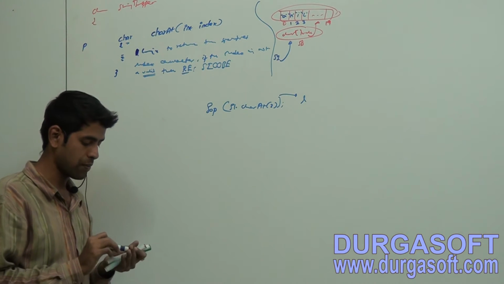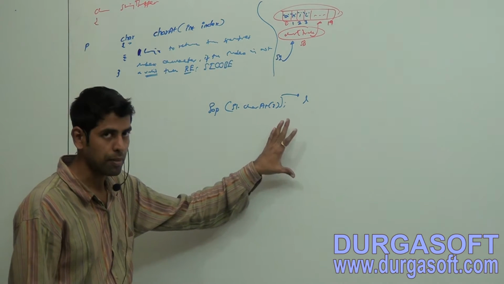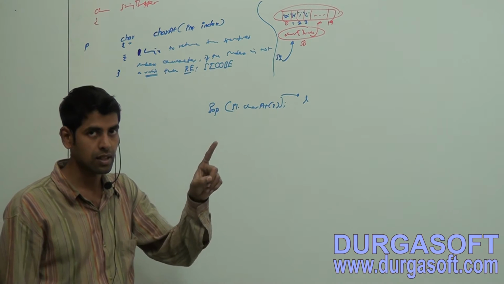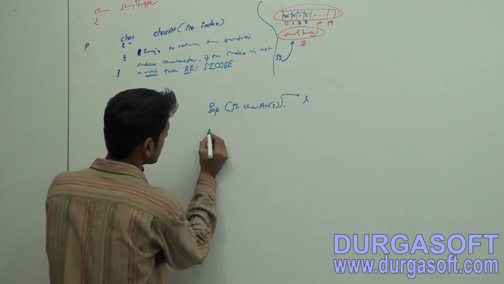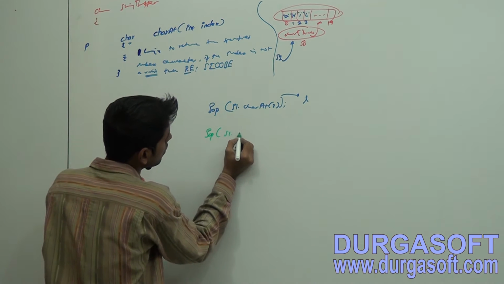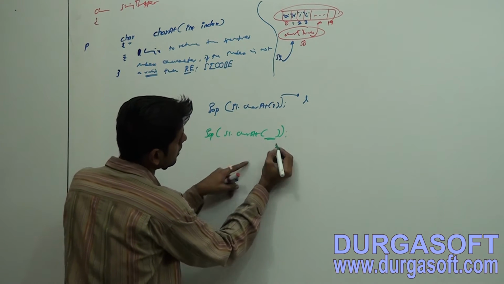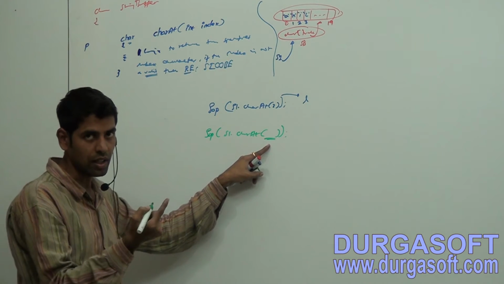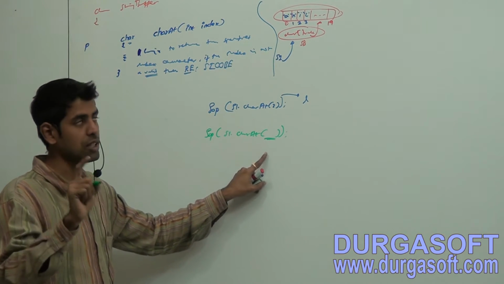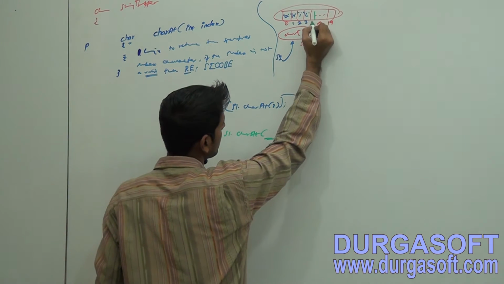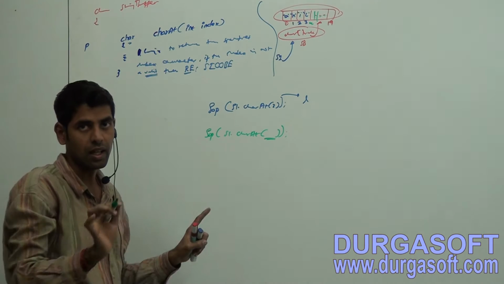Now observe, if I pass an int value as an argument to the charAt method such that that index does not have any element.